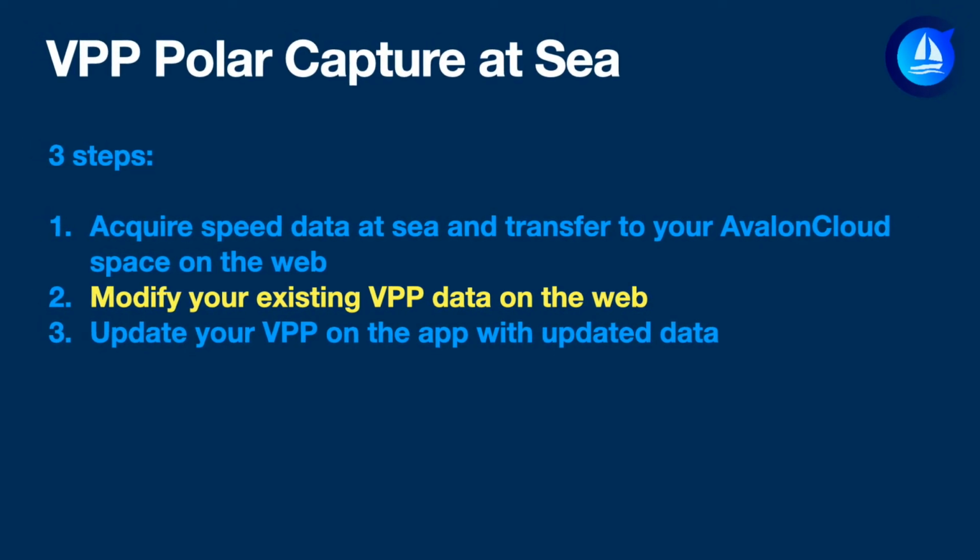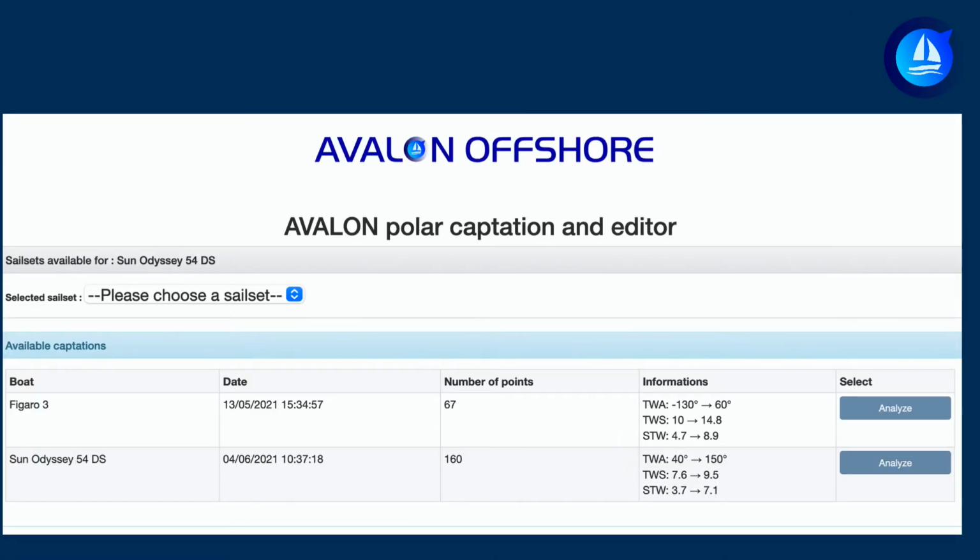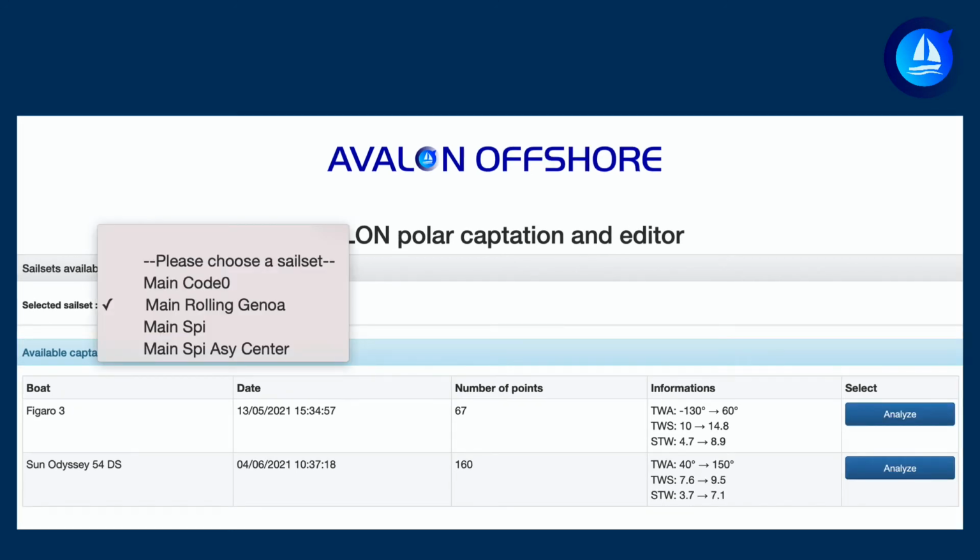We do that from your Avalon Cloud space on the web, so you need to connect to your space. Click on VPP Polars and you will see the list of sessions that you have previously captured. Select the cell set that you want to analyze and click on the button Analyze in front of the session you have just recorded.